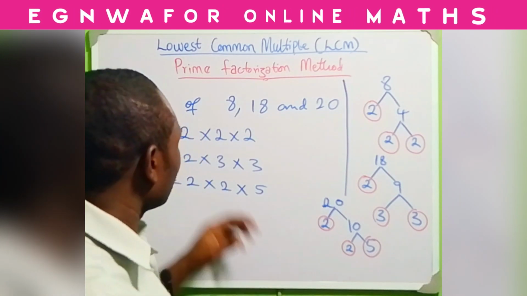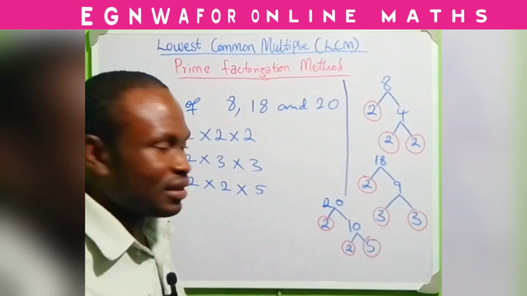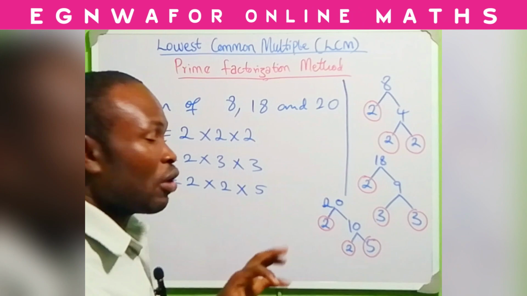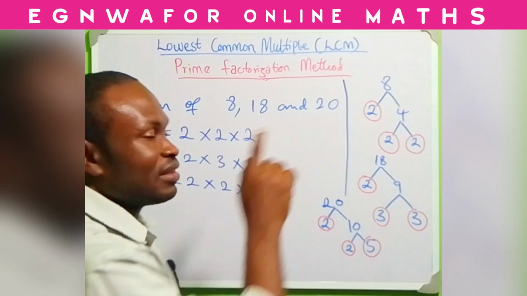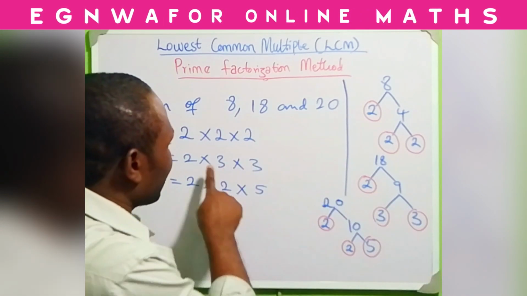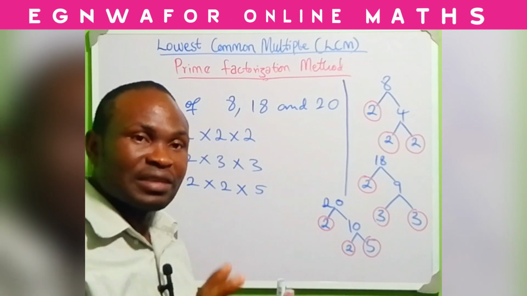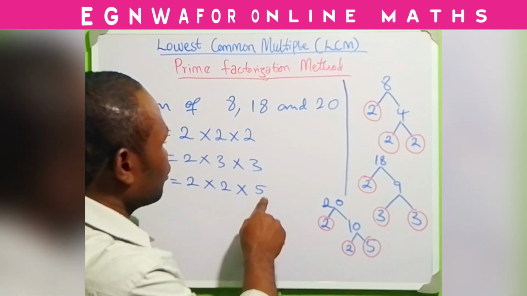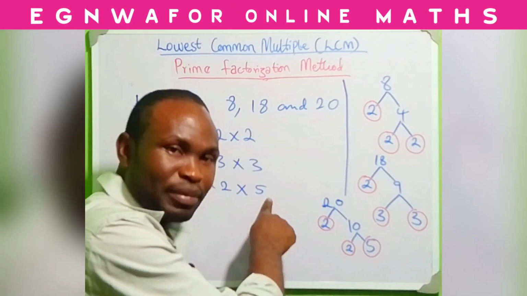For example, the 2 here appears 3 times, but here the 2 is only 1, and here the 2 is only 2. So because of that, you pick the 2 that appears most. Then we get 3. Anyone with 3 that appears most, you choose that 3. And here we have 1 5, which means among all these, only one 5 is here, which means only here 5 appears most.